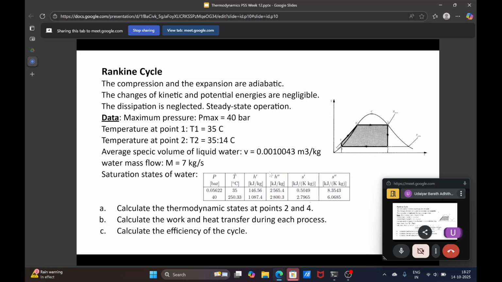Next is a Rankine cycle. In this case, the process remains the same, but instead of operating on the vapor side or gas side, we operate in a two-phase system, so we have a cycle which is brought inside the vapor dome.